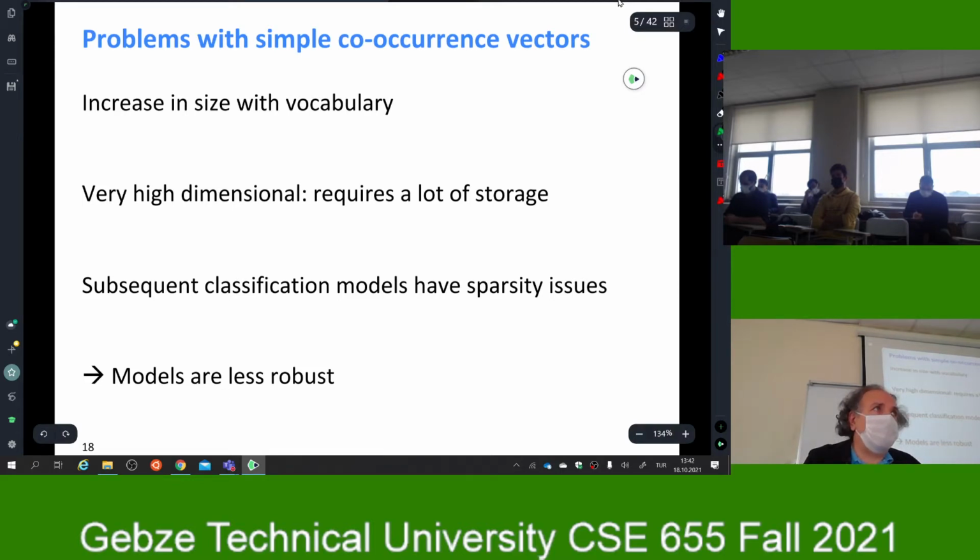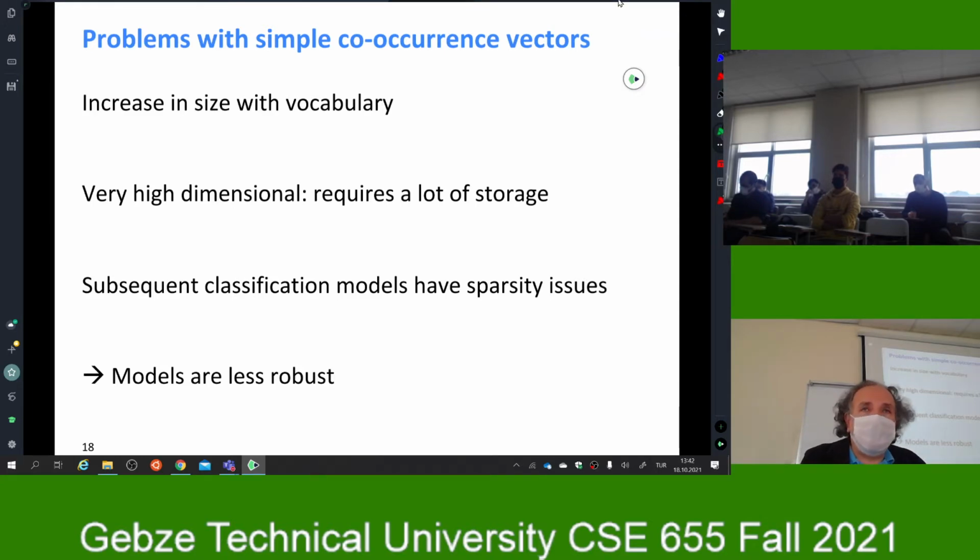What do I mean by that? I mean, if I use a word vector built from co-occurrence vectors to calculate something, to estimate something, the results are not that good. It's not as good as the word2vec results.